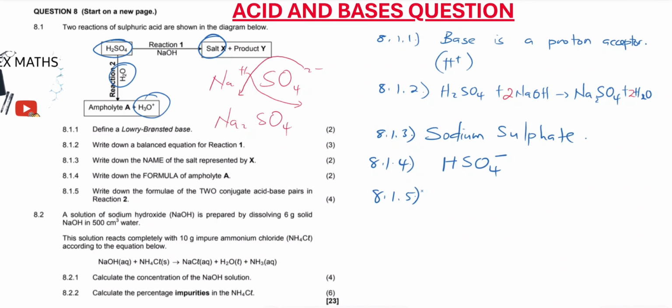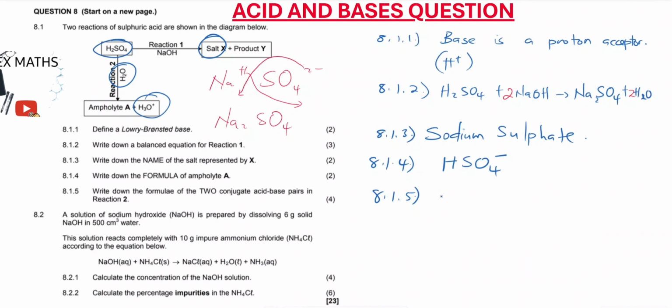8.1.5, write down the formulae of 2 conjugate acid-base pairs in reaction 2. So in reaction 2, sulfuric acid has lost 1 proton to become ampholyte A. So that is going to form a conjugate acid-base pair.